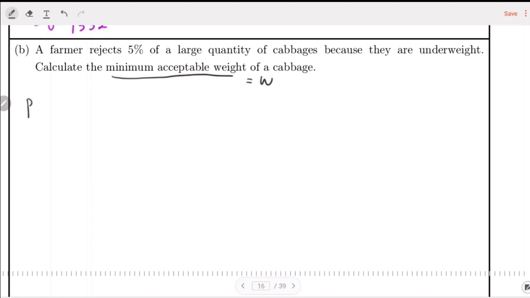If the mass of cabbage is less than W, the farmer is going to reject it. So the probability for a farmer to reject the cabbage is 5%, or in decimal it is 0.05. Right, and then as usual, the first step is to standardize.